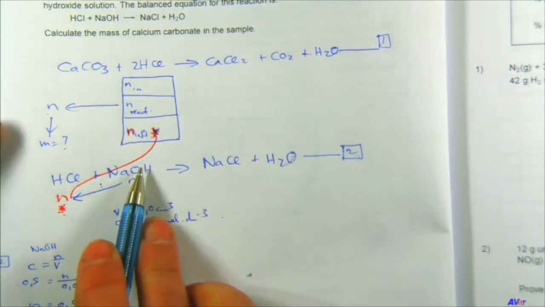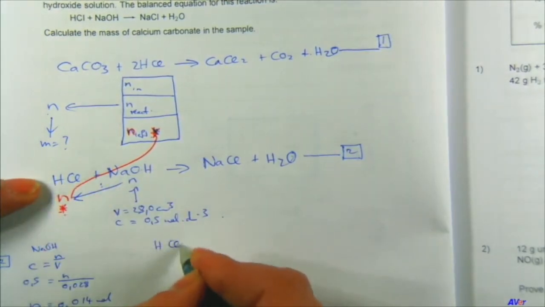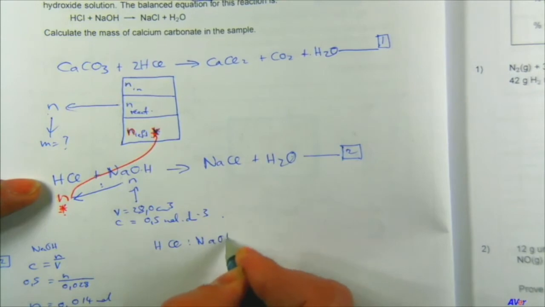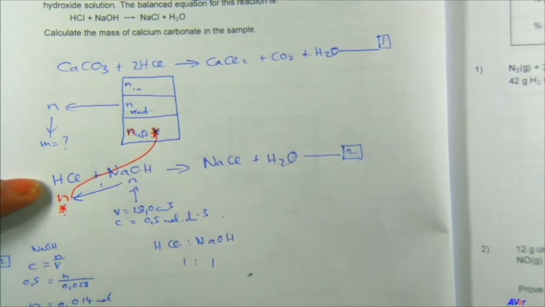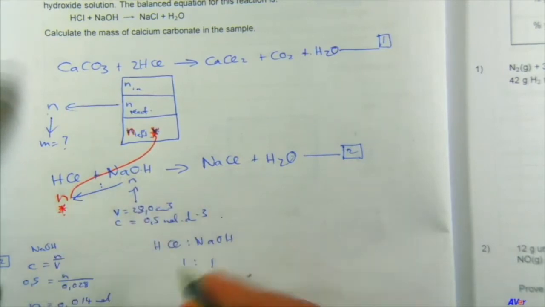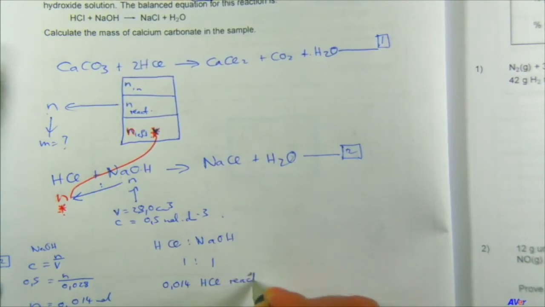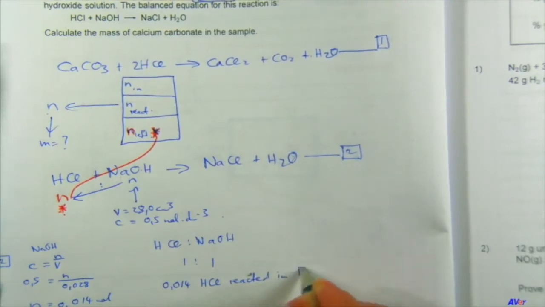Okay, but I know in the second reaction, the HCl and NaOH react 1 to 1. So if 0.014 of that reacted, it tells me 0.014 HCl reacted in the second one.